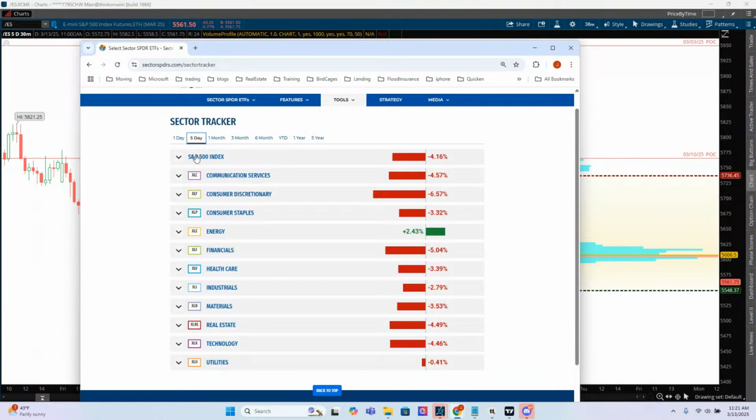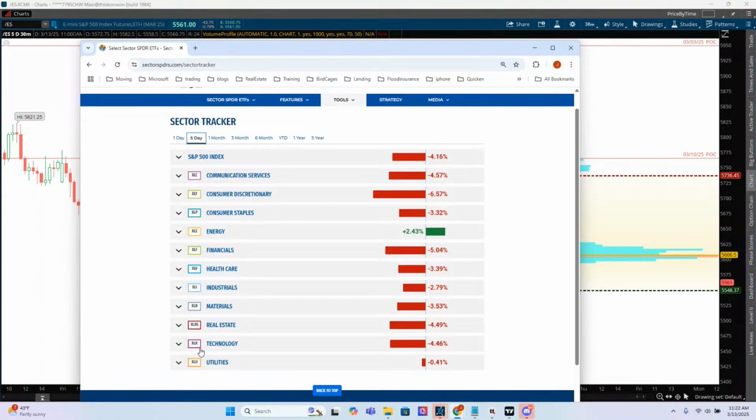This is the 5-day movement of the sectors of the S&P, and this is really what's happening. The only thing that was positive in the last week or so was energy. Everything else sold. And technology, which you can view as the Qs or the NQ futures, is the component of the S&P that represents that.